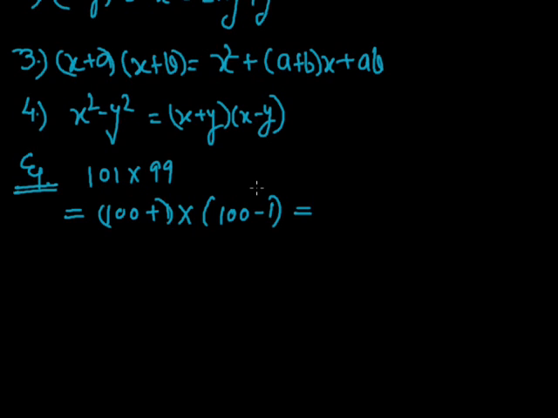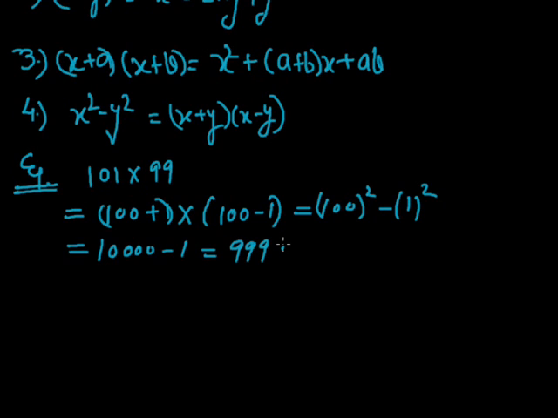That will be according to our fourth identity, that is x square minus y square is equal to (x plus y) into (x minus y). We can write it as 100 square minus 1 square. That will be given by 10,000 minus 1, that is 9999. This is our answer. Hence we can solve it.